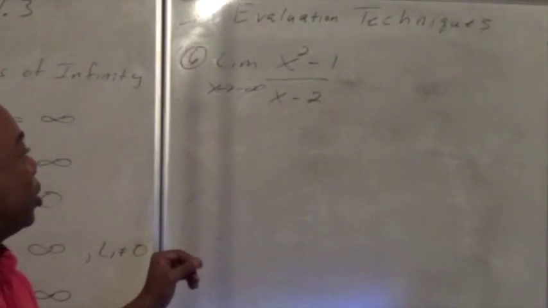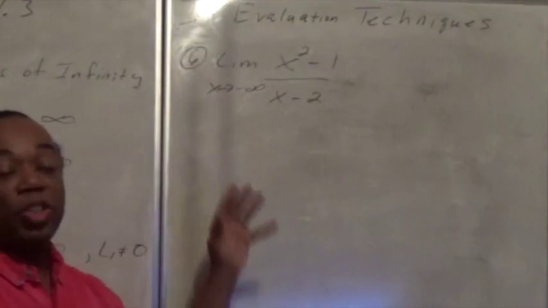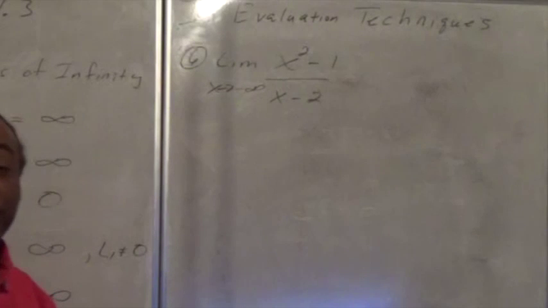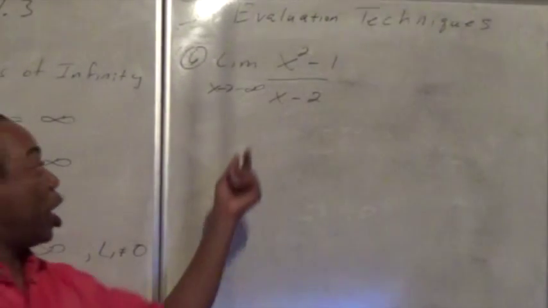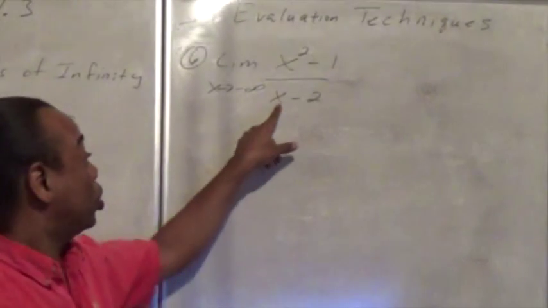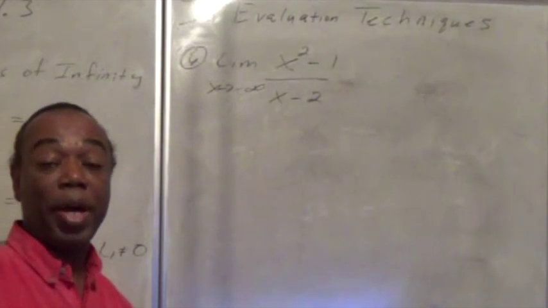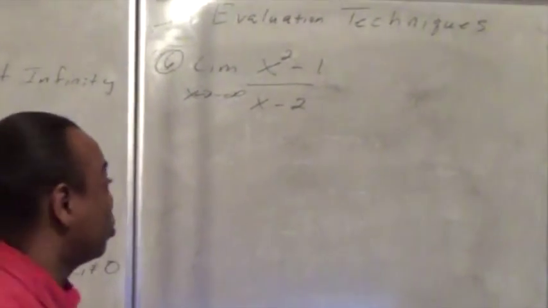We now have the limit as x goes to negative infinity of x squared minus 1 all over x minus 2. And again, we're going to multiply by the reciprocal of the x with the highest degree in the denominator, which is x to the first power, so we'll multiply by a 1 over x.